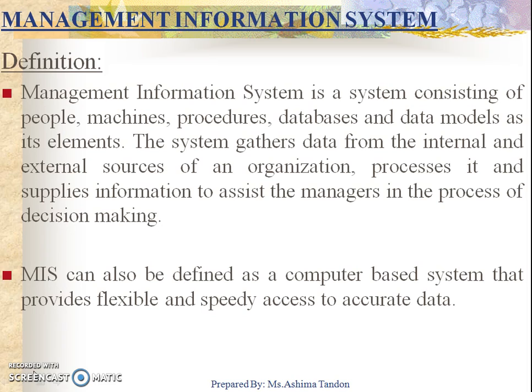Dear students, it's very important for you to concentrate on this line, that this system helps the managers in the process of decision making. That means the basic aim of MIS is to facilitate the managers in their process of decision making.